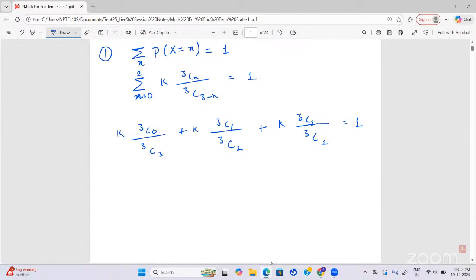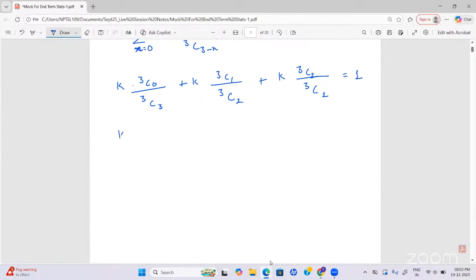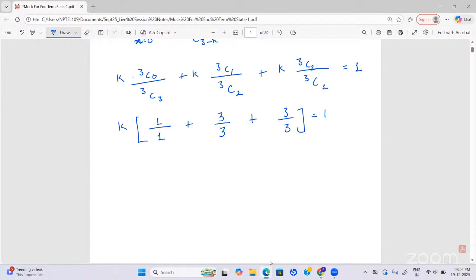Now we can take k as common. So what will be the value of 3c0? It is 1, and 3c3 is 1. Then 3c1 is 3, and 3c2 is also 3.